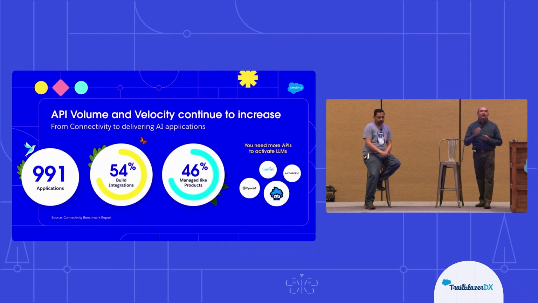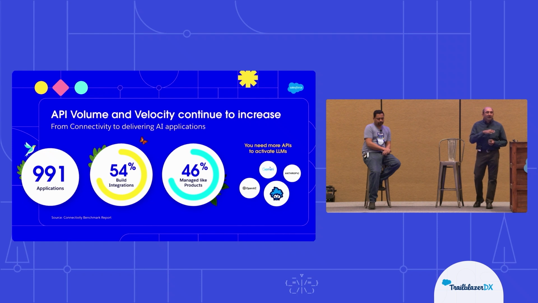Now, in the same report, we found that enterprises, on average, use 1,000 plus applications. Now, there is not really any good correlation between an application and the number of APIs, but we can safely assume that it's probably at a scale of 30 to 50%. So if you look at 1,000 applications, think about how many APIs you have within your enterprise.